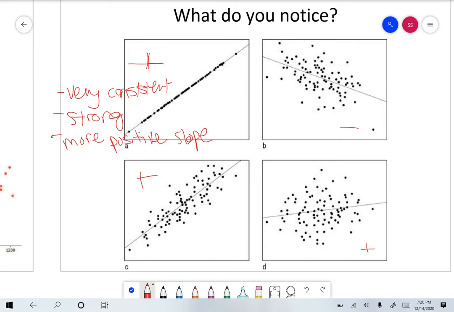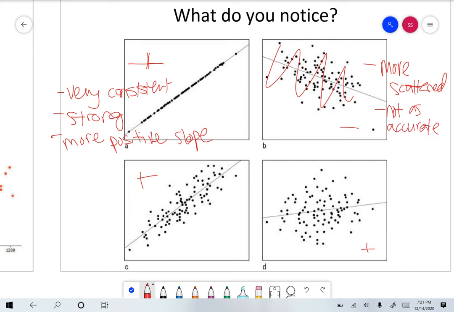Let's look at the top right. It is a negative relationship, right? As x is increasing, y is decreasing, but it is much more spread out. So it's more scattered, which means it's not as accurate, right?